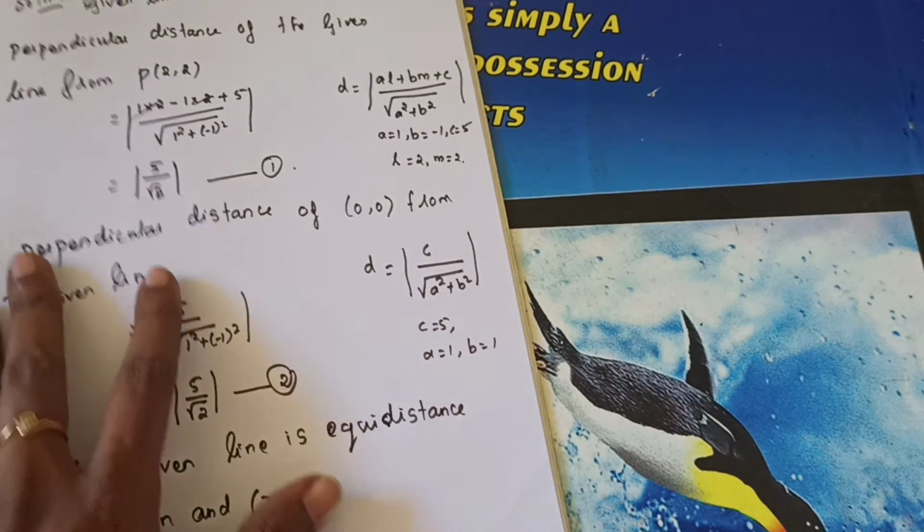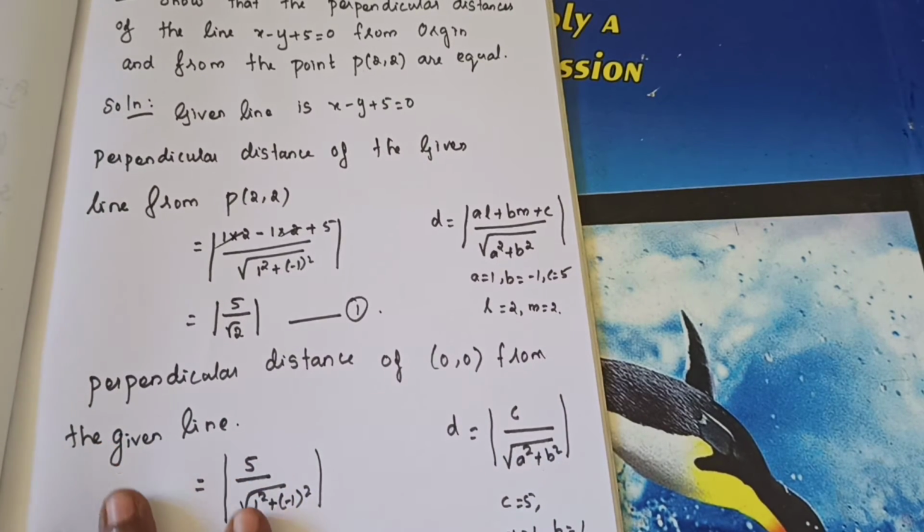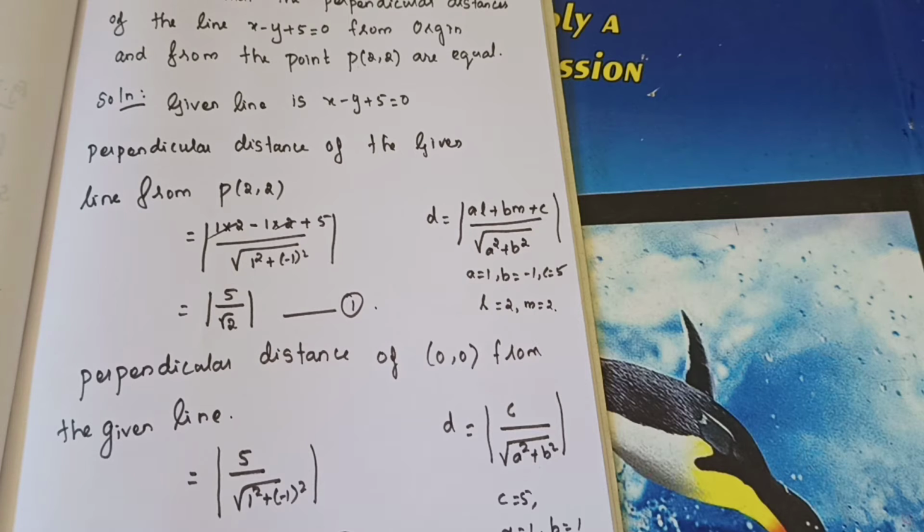Understand? Very easy. Both use different formulas. One formula I taught you for point to line, and one for origin to line. If we apply the two formulas, both the answers are equal, so you will say the given line is equidistant from the origin and the point. Got it? Let's move to the next problem.